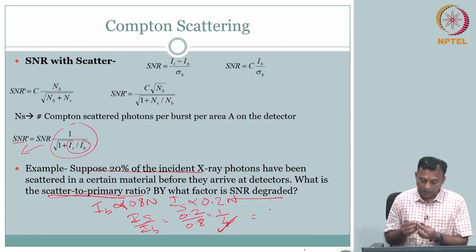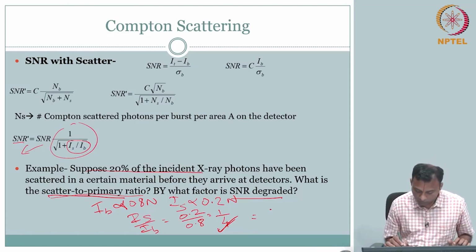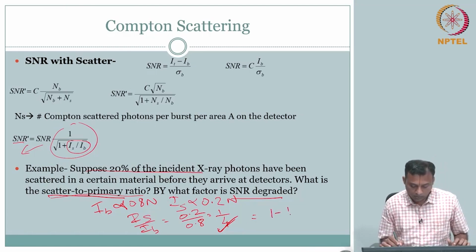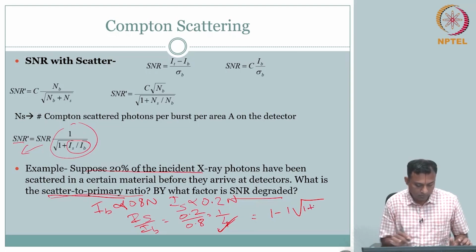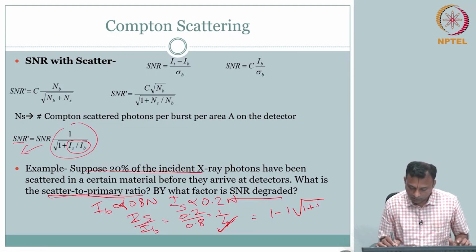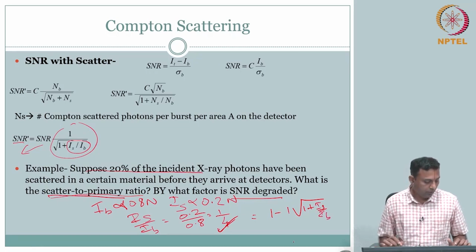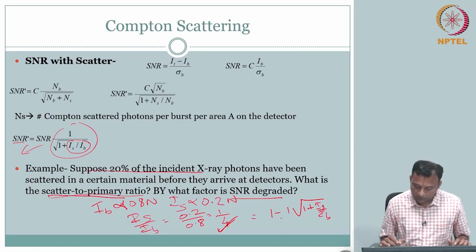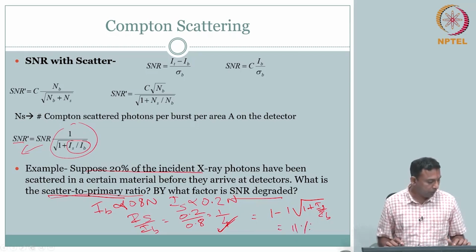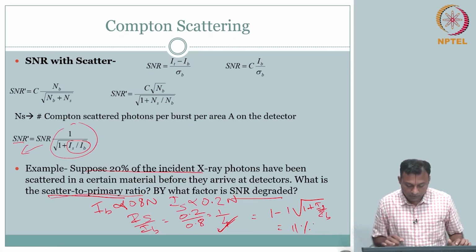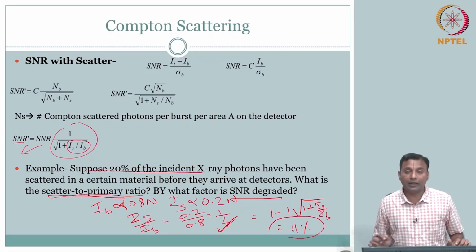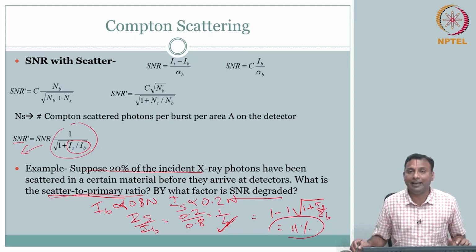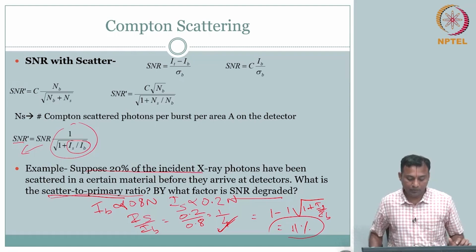So, you are going to have 1 minus 1 by square root of 1 plus this 1 by 4, right, IS by IB. So, this turns out to be about 11%, okay. So, by what factor is this degraded? If this is 11% loss, it is reducing the SNR by 11% because of Compton scattering, okay.